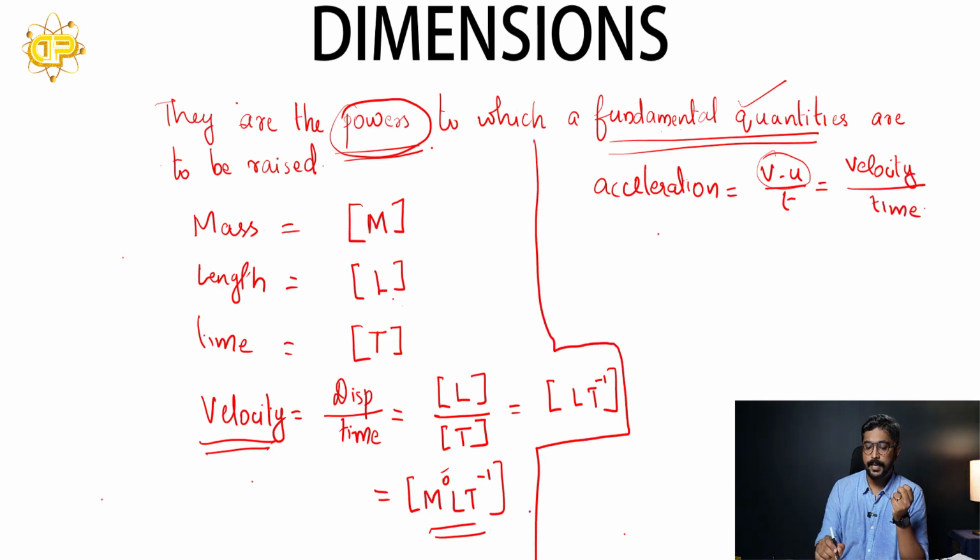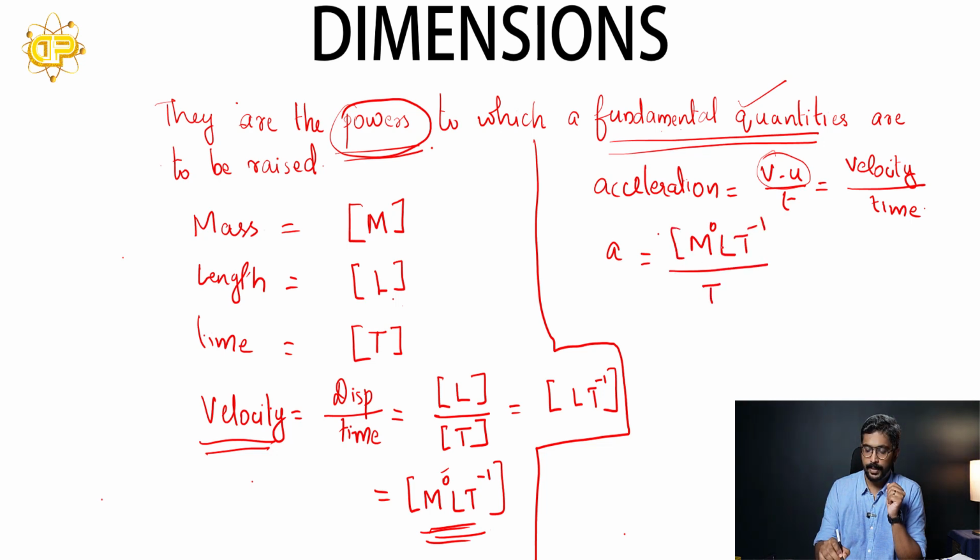Now, we say acceleration can be represented with the help of fundamental units, that is velocity by time. Velocity is not a fundamental term, but I can represent velocity in terms of fundamental units, that is velocity is nothing but M raised to 0, L T raised to minus 1 divided by T.